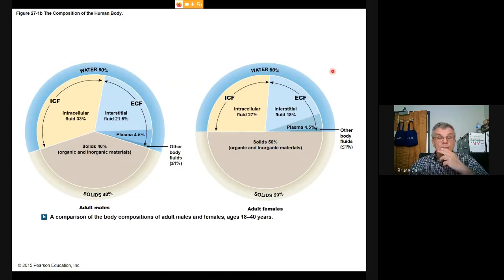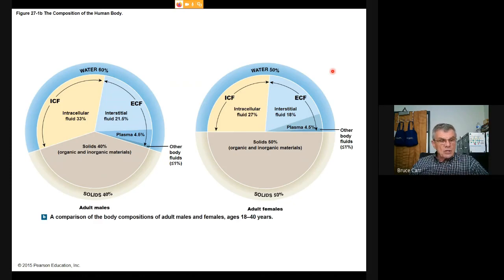Now, comparing males and females, there is a slight difference in water content, and it basically relates to the hormonal effects that relate to reproduction. So, a male with testosterone develops higher muscle mass, and as a result, hydrates that muscle to a higher extent, whereas the female body has a higher content of fat that relates to her role in producing eggs.